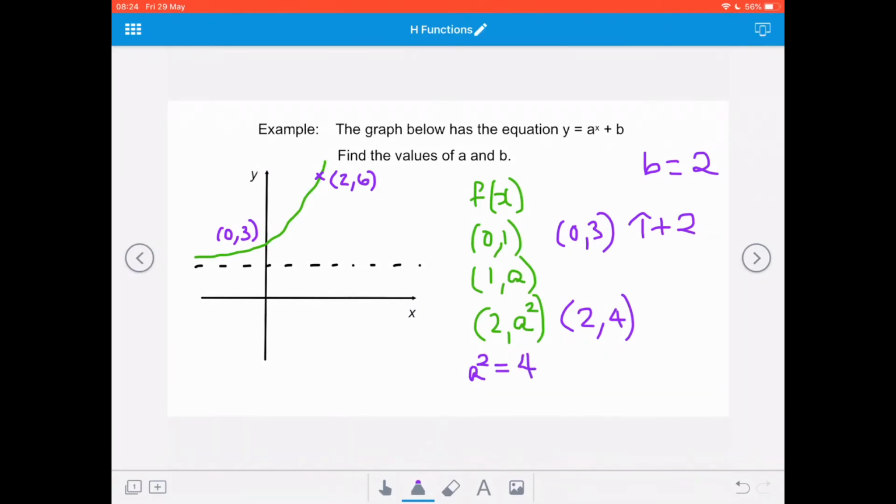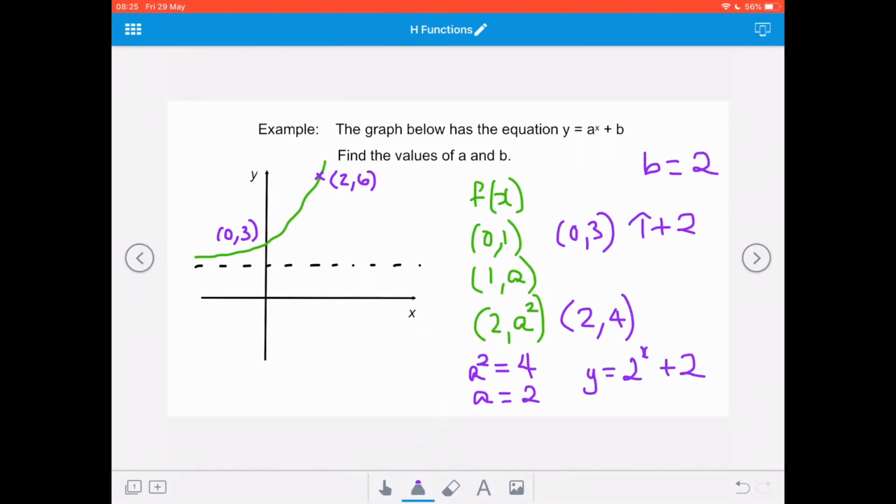Now obviously when we would normally square root, we would get a plus or minus value, but remember a has to be greater than 1 in order for this to be an exponential growth. And so we can say that a equals 2. So the equation would be y equals 2 to the power of x plus 2.